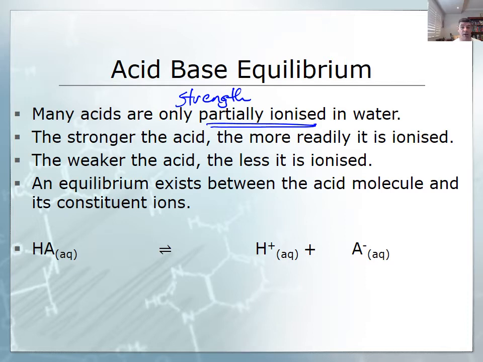So the strongest acids are the ones that are completely ionized, and the weak acids are the ones that are only less well ionized. In one of the previous videos, for example, we had a look at the fact that acetic acid, in one of our examples, only ionized by about 1.26%. That is, over 98% of the original acetic acid molecules remained intact.